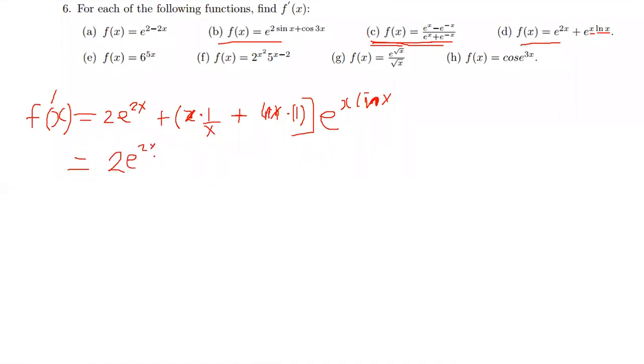Then when you simplify this, you're going to just have plus open brackets, and then you're going to have x times 1 over x, you get 1, and then plus ln x, yeah.